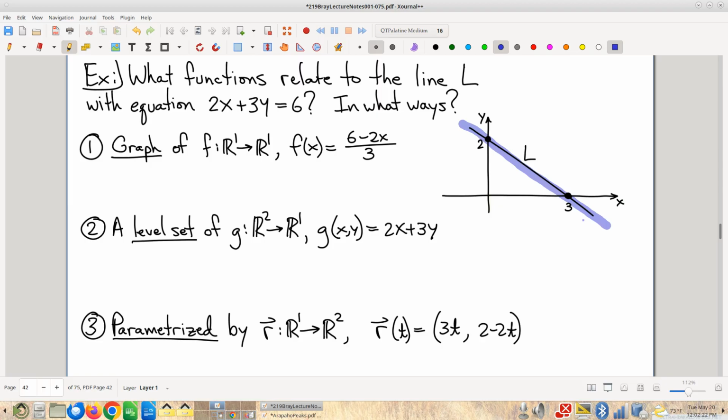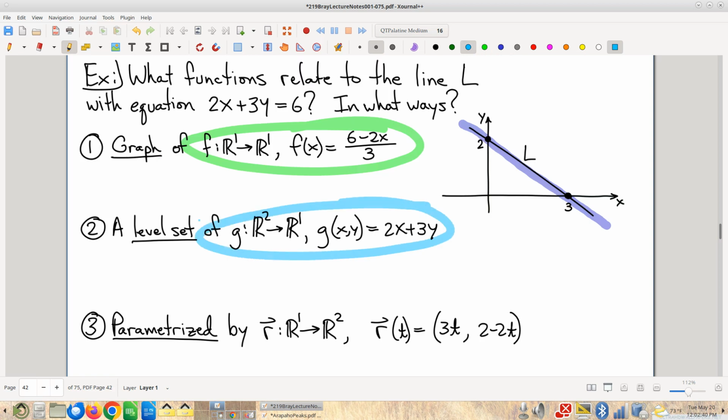It is a graph of a function. It is also a level set of a different function. It is also parameterized by a third function. These functions are all different, right? So this function, whose graph is that line, this function, one of whose level sets is that line, and this function that parameterizes that line.